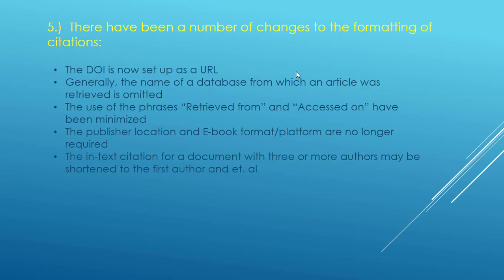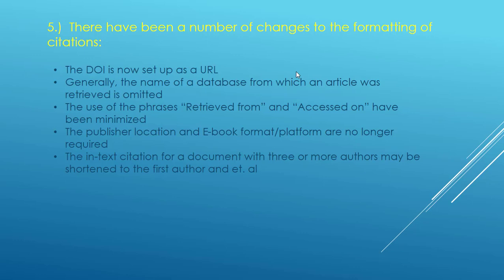Next, the publisher location and formats are no longer required. So it's now not really relevant to list that this was published in New York or that this was the Kindle version. Again, it goes back sort of to what we were speaking about before. Sort of the assumption is that if you provided the other publication content, you should be able to locate the resource on your own.